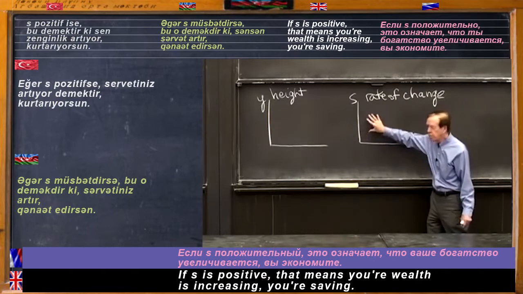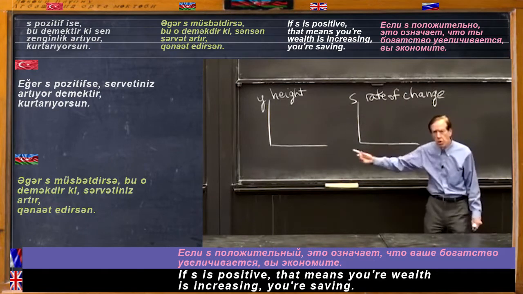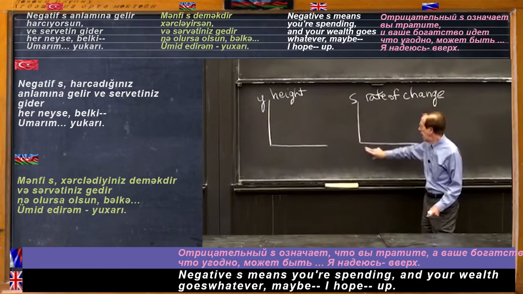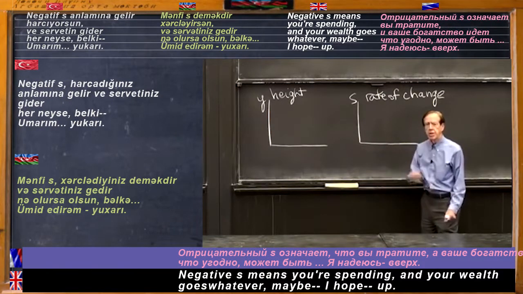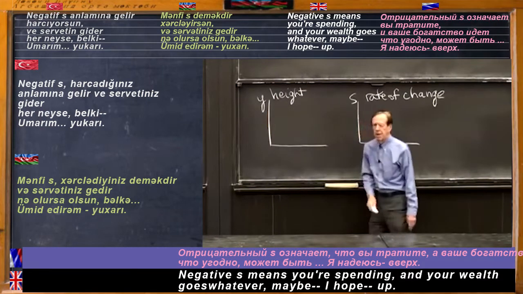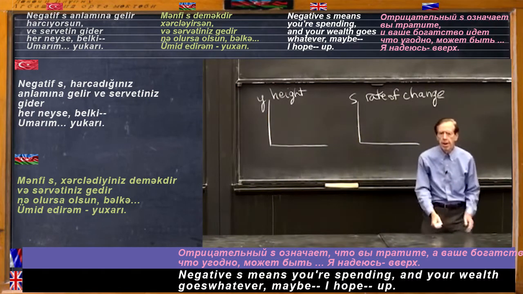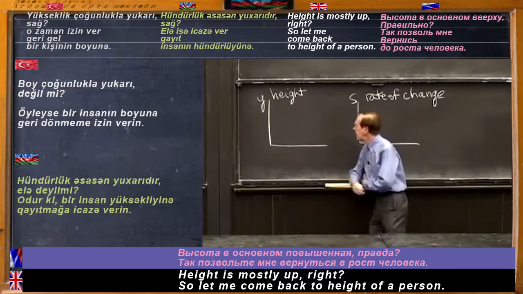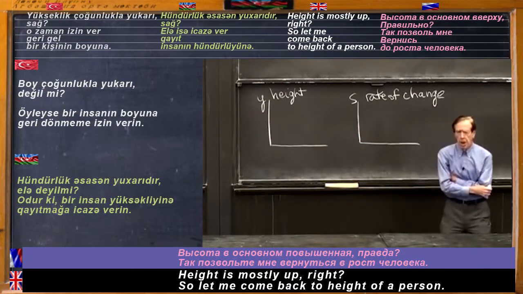If S is positive, that means your wealth is increasing, you're saving. Negative S means you're spending, and your wealth goes, maybe, I hope, up. Height is mostly up, right?